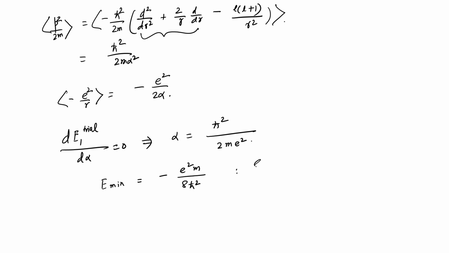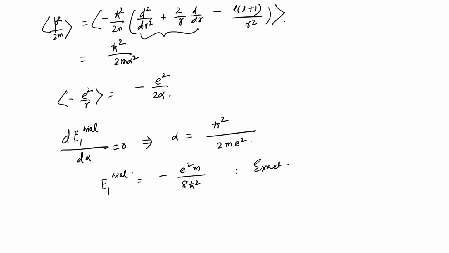And once again this is exact, and the trial is E1 trial. The reason it is exact is clear to you because we have taken nearly the same wave function obeying all the symmetries.